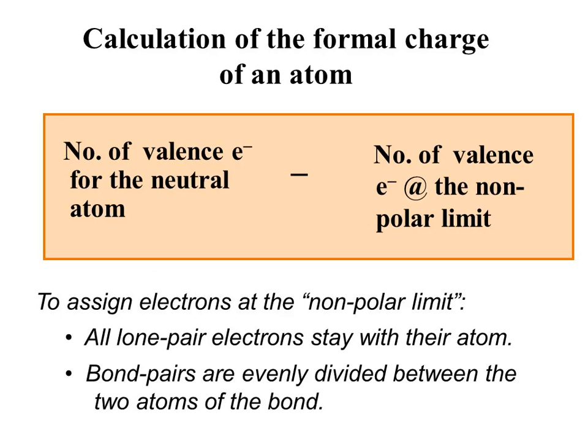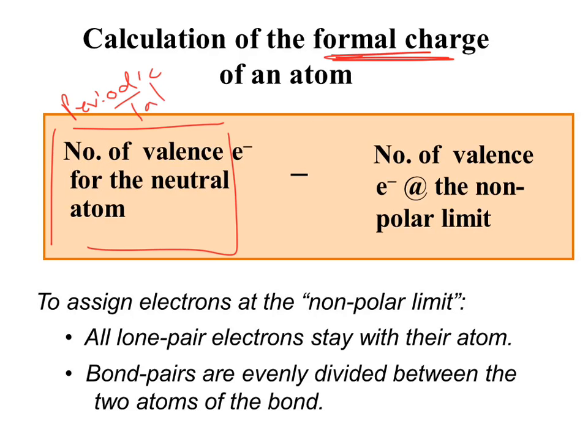So I mentioned this little subtraction problem. In your homework, if you're asked to calculate the formal charge, you go to the periodic table, look at what group the atom is in, and pick up the valence electrons for that atom.